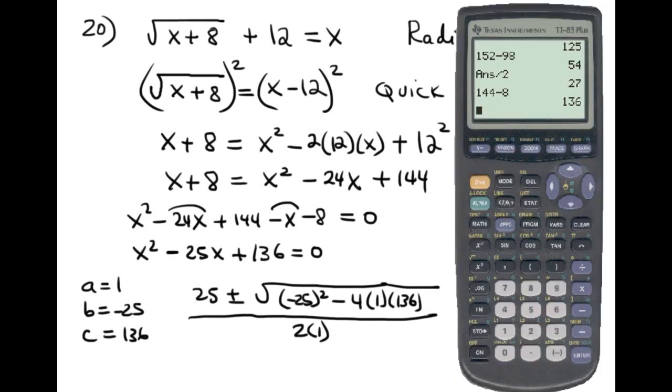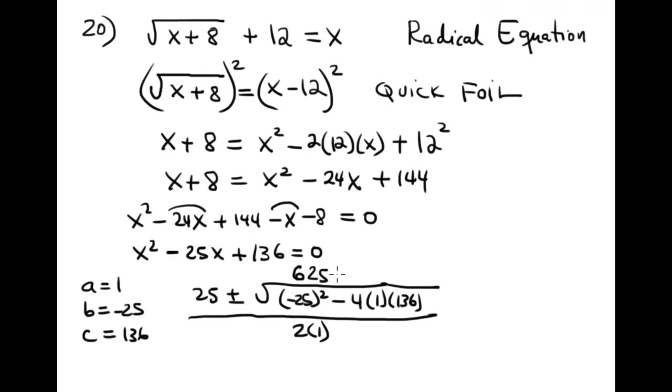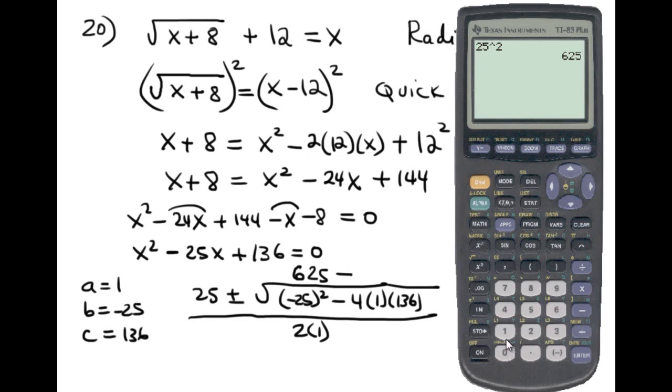Calculate again. 25 squared is 625 minus 136 multiplied by 4 is 544.